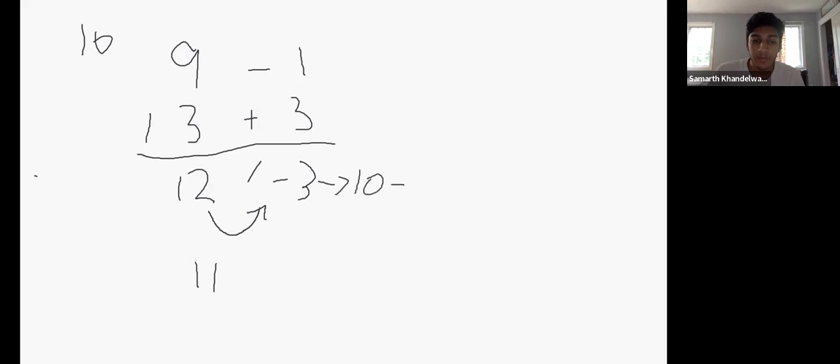And the answer is, we do what I like to call a reverse carry. So we subtract 1 from here and we add a 10 from here. It's kind of like taking away the 10 from here and adding the 10 there, but instead it's from here, right? So this 12 becomes an 11, and this minus 3 becomes a 10 minus 3, which equals 7. So our answer is 117.